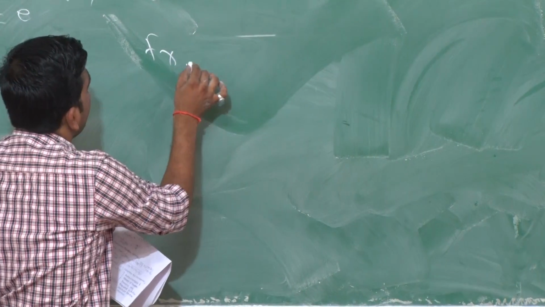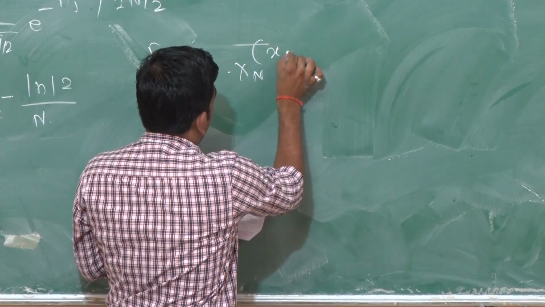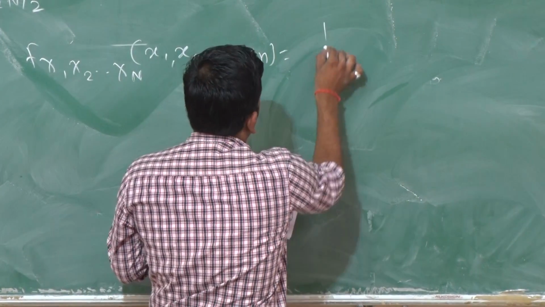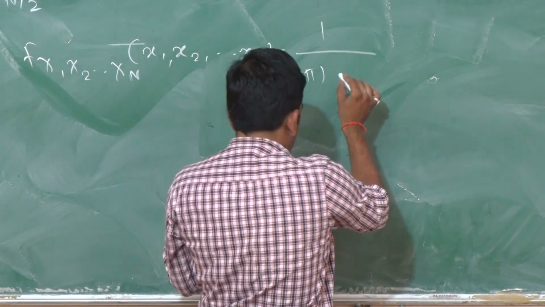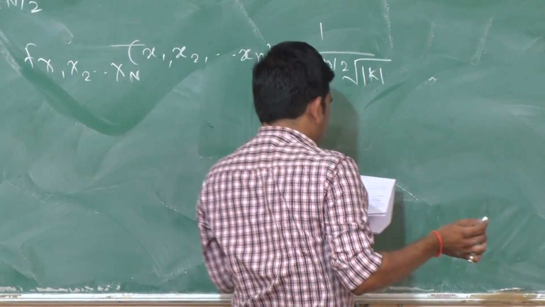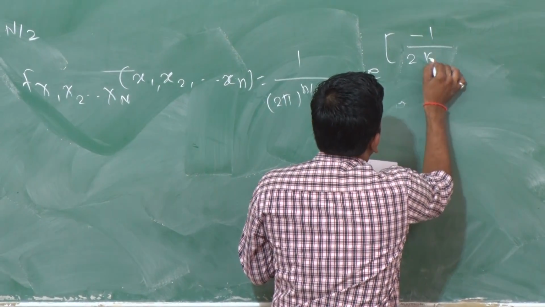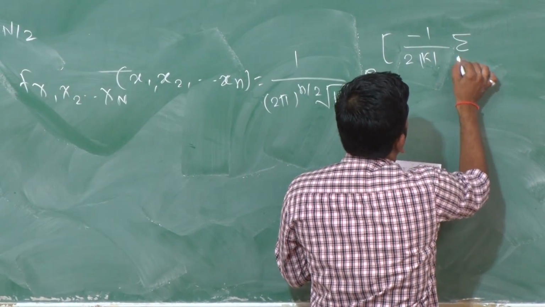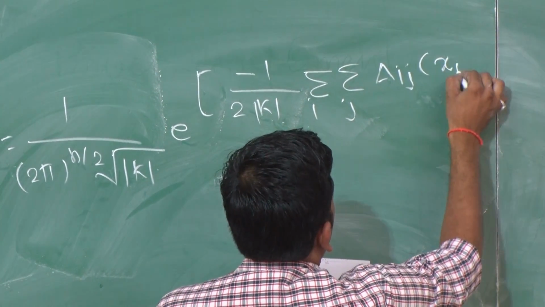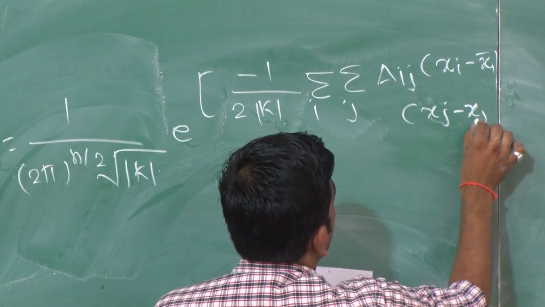This probability density function of x1, x2 up to xn is given as 1 by 2 pi raised to n by 2 root of determinant of K, e raised to minus 1 by determinant of K, summation over i, summation over j, delta ij, xi minus xi bar and xj minus xj bar.